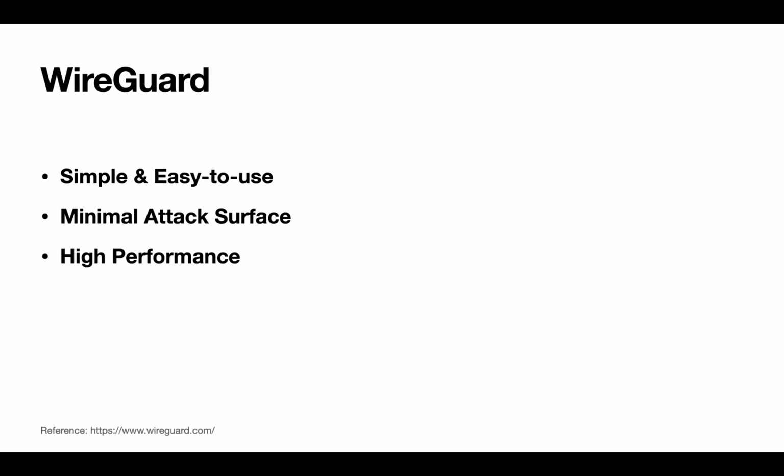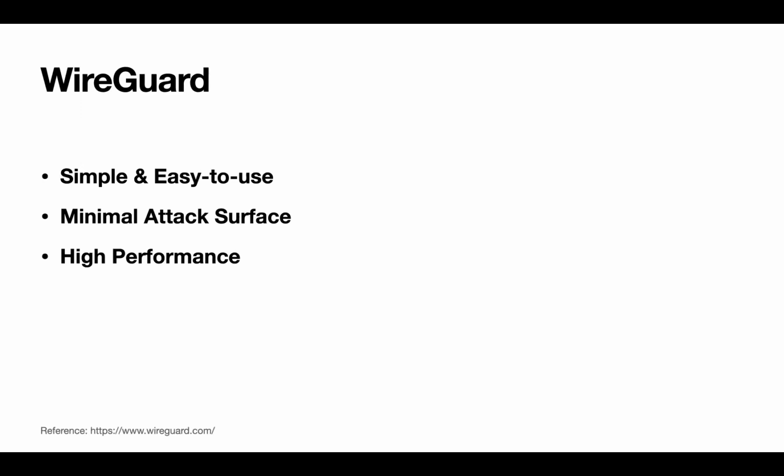So in order to solve this, there are many open source secure tunnels, such as WireGuard, OpenVPN, L2TP, and so on. And why do we choose WireGuard? It is because WireGuard is easy to use.